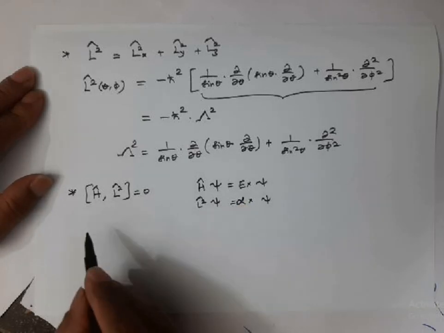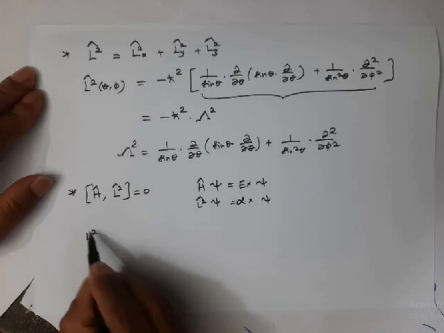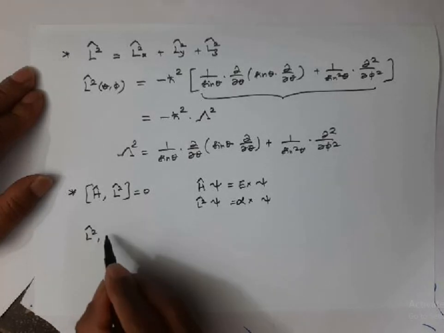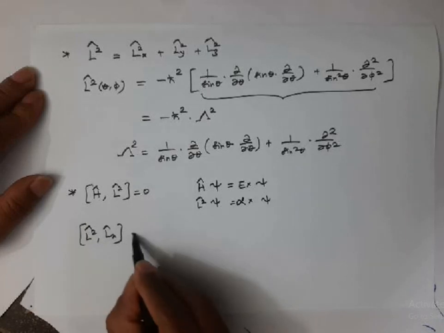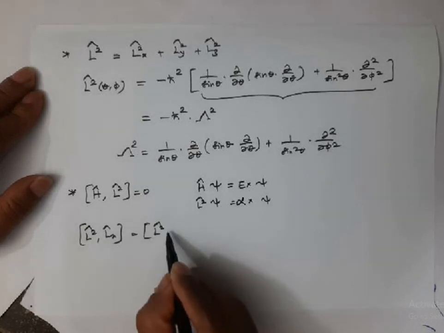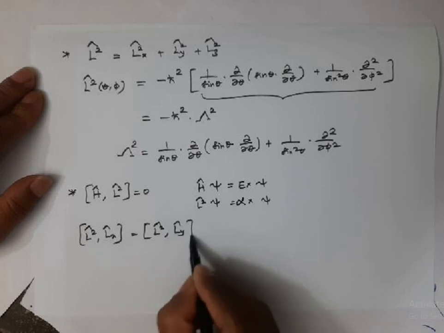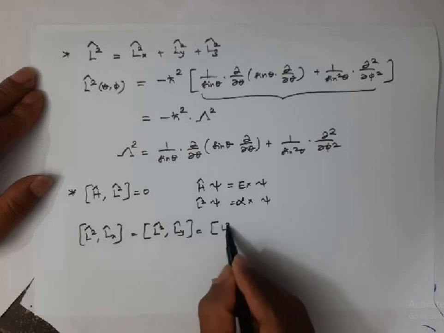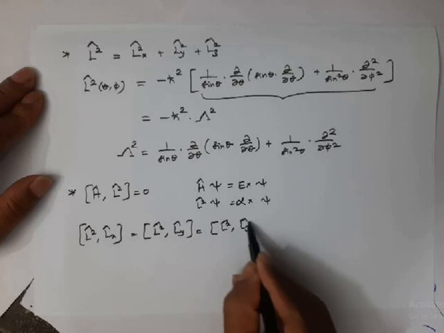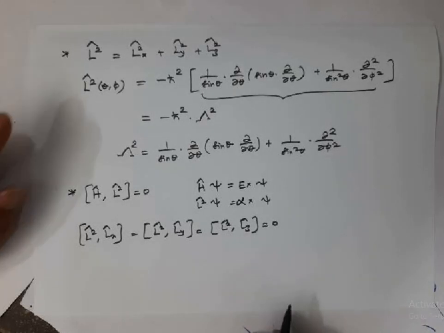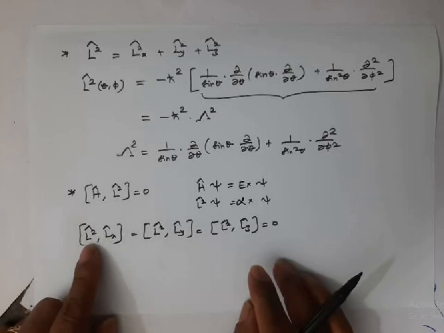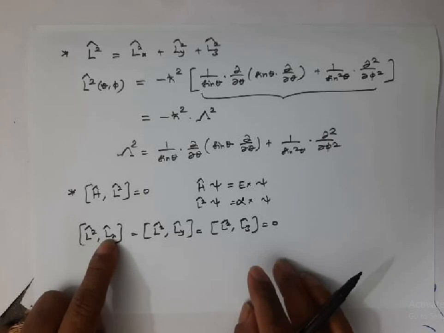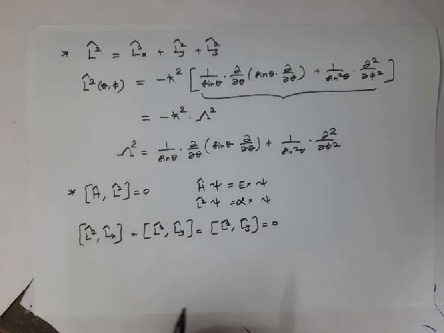Then we also know that the L square operator commutes with Lx. The L square operator also commutes with Ly, and it also commutes with Lz. They all commute. Commute means they have a common set of eigenfunctions. So you can determine the square of the angular momentum and the x component of angular momentum simultaneously.